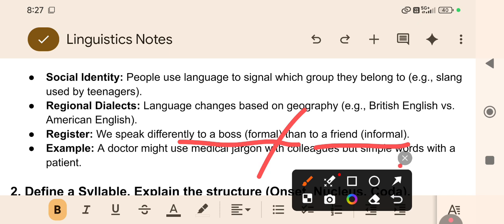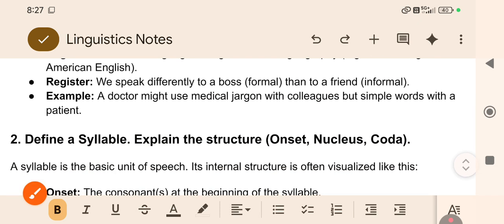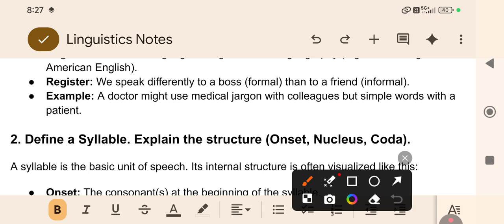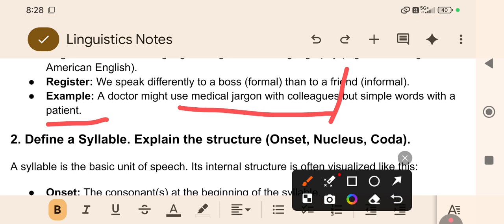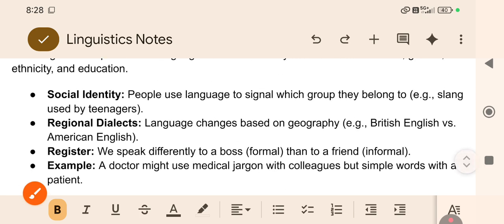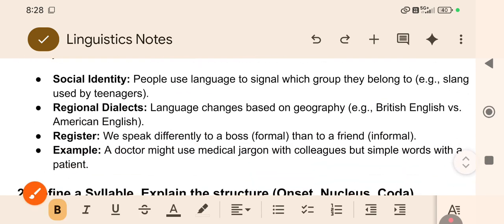Example they have given: a doctor might use medical jargon with colleagues, but simple words with a patient. कलीग्स के साथ वही बात डॉक्टर एक्सप्लेन करते तो दे मस्ट यूज jargons, but when discussing with a patient, the tone, choice of words, and sentences will be different. That is a good example of register. So this is the note on sociolinguistics.